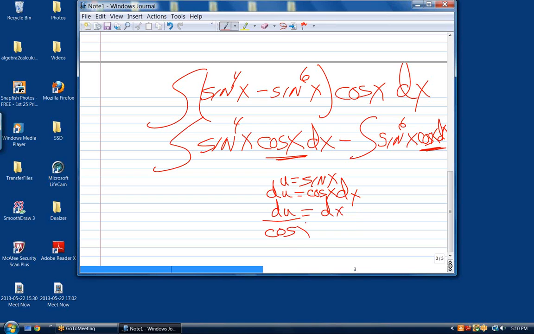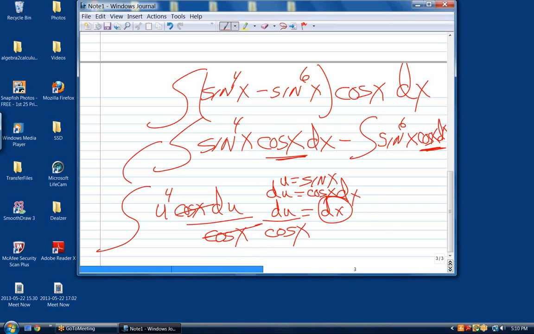So now when I rewrite this integral as an integral of u, well, u to the fourth instead of sine x to the fourth. I still got this cosine x momentarily. And in place of dx, I'm going to put du divided by cosine x.